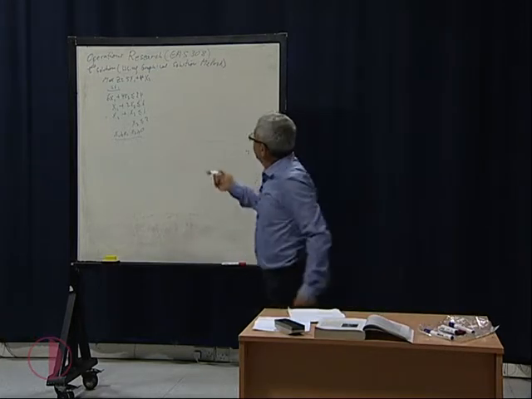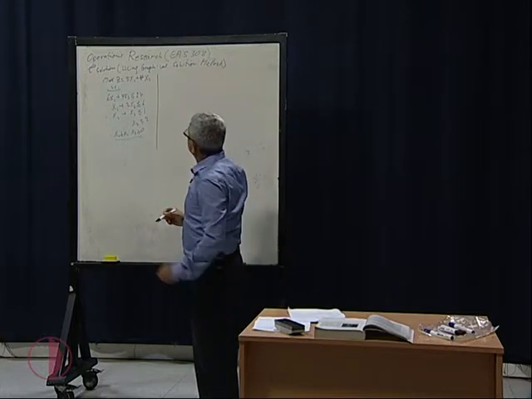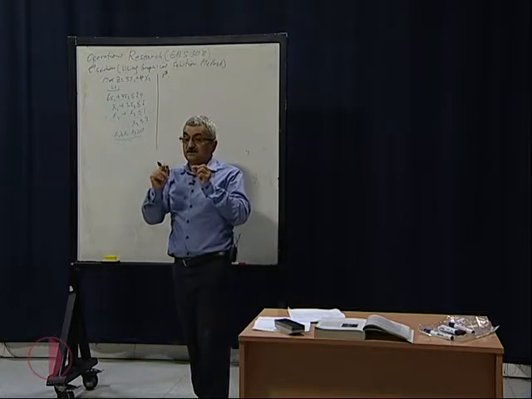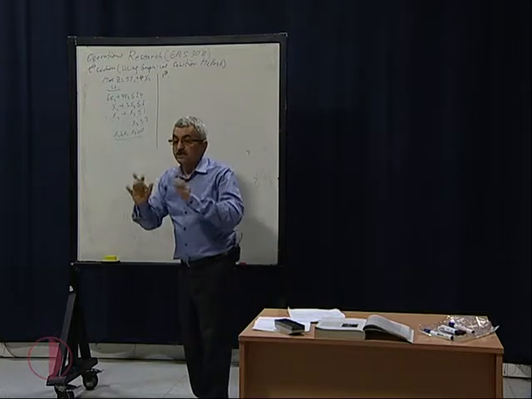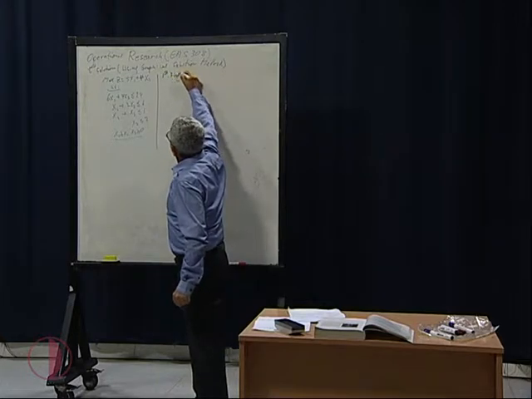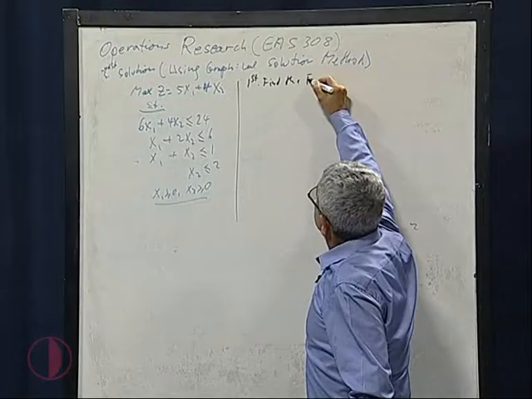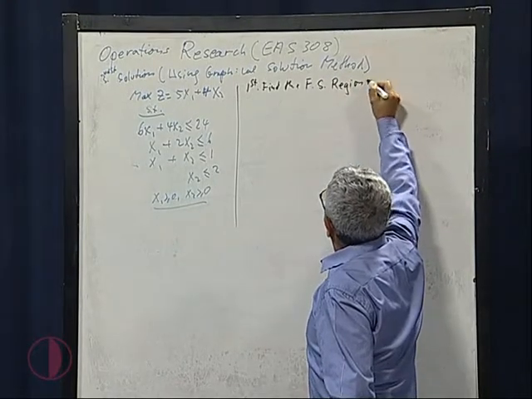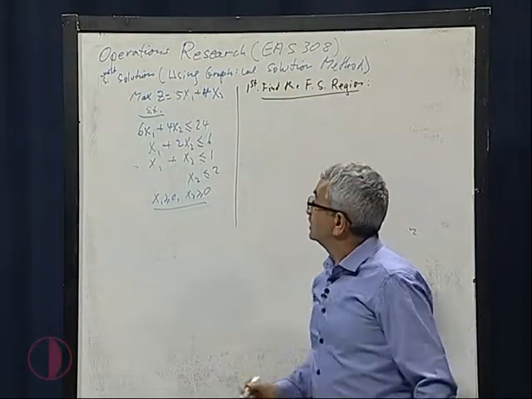Now, let me tell you how we are going to move about that one. First, we have to find the feasible solution region, all the feasible solutions. So, first, find the feasible solution space or region. How we are going to do this?